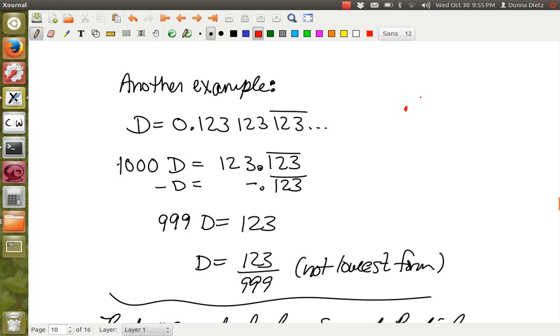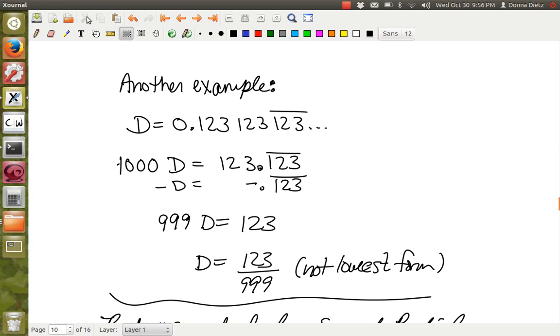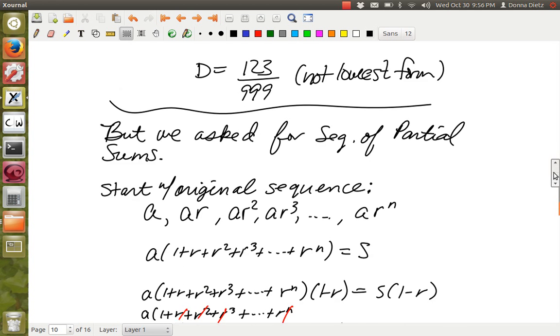If you have 0.33333, then 10s is 3.3333, and then you do a subtraction, so you get 9s is equal to 3, s equals 3 over 9. So it works. It works with everything you know and love, all the fractions you already love.